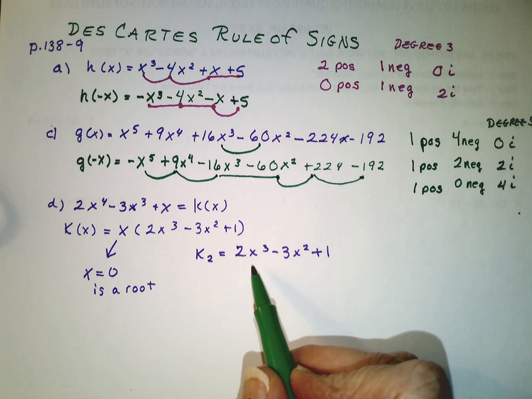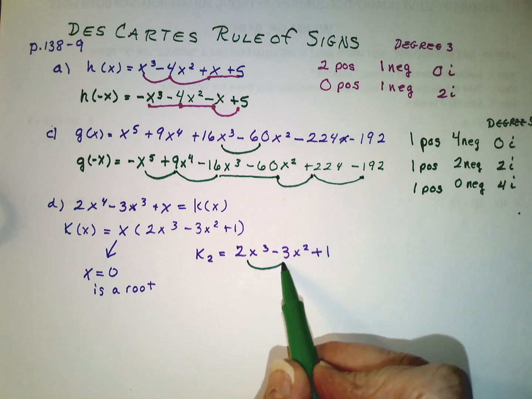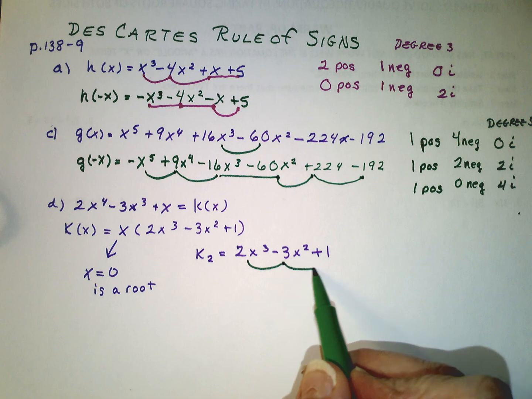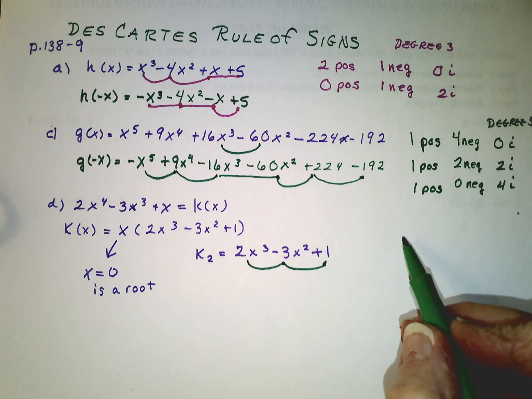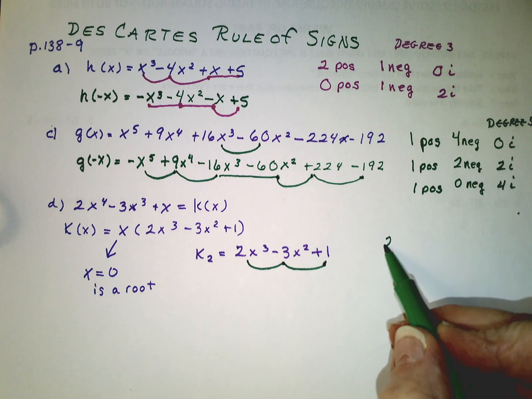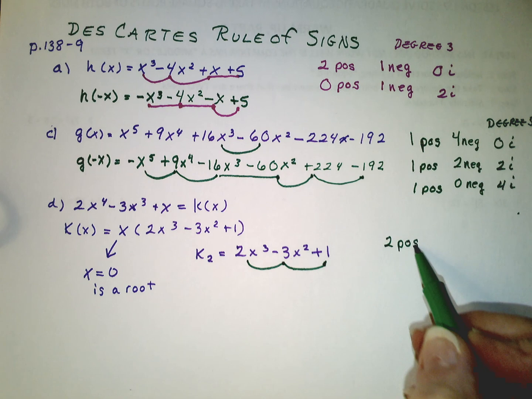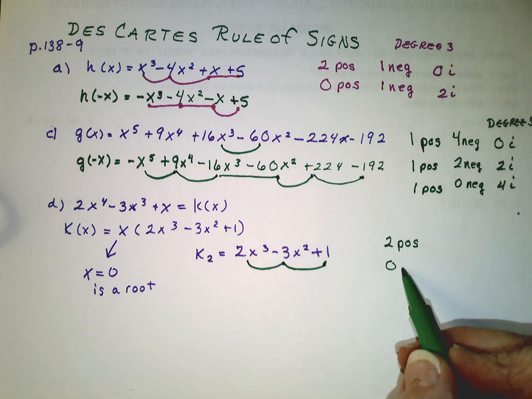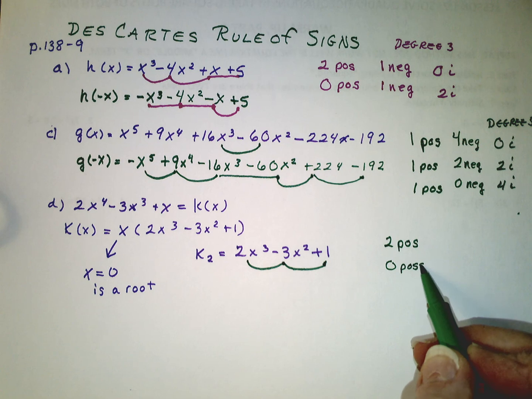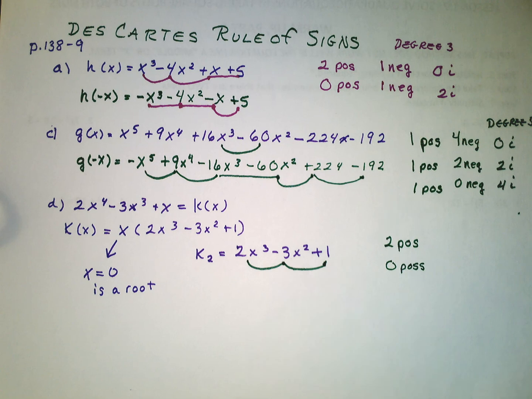And if we count the changes, it went from positive to negative, and then from negative to positive. So there are 2 changes. That means there are 2 possible positive real roots, or there are 0 possible positive real roots.